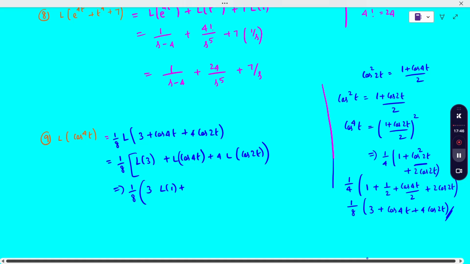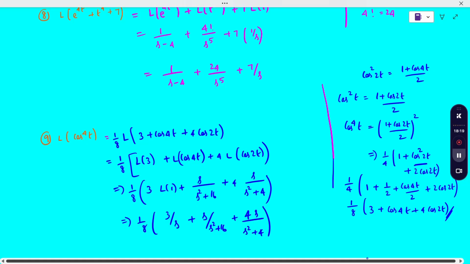The formula for cos is s divided by s squared plus a squared, so s divided by s squared plus 16, and 4 outside, s divided by s squared plus 2 squared. L of 1 is 1 by s. So 1 by 8 times 3 by s plus s divided by s squared plus 16 plus 4s divided by s squared plus 4. Okay, so we have completed.